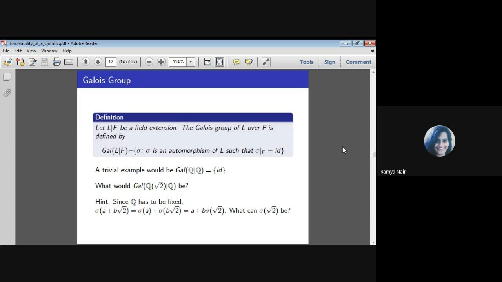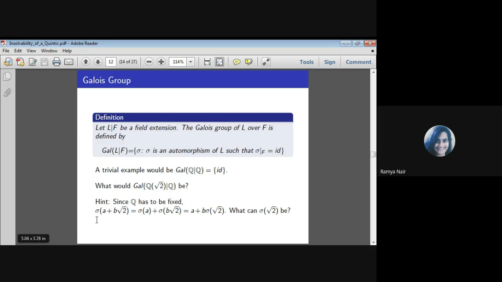All you have to see in this case is where you can send 1 and root 2. 1 cannot go to anything else because you want to fix Q, so 1 has to go to 1. Now what choices do you have for square root of 2? That is all you have to see. We'll see later what can happen to this.